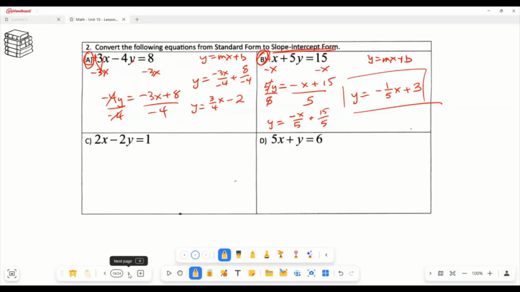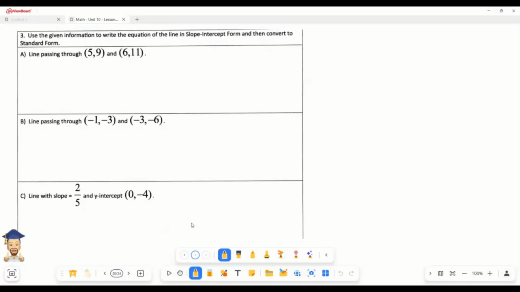All right, now one of these. Do 3a. Line passing through these 2 points. Go back and look at our example. I'll give you a hint. You've got to find the slope because it's not given.